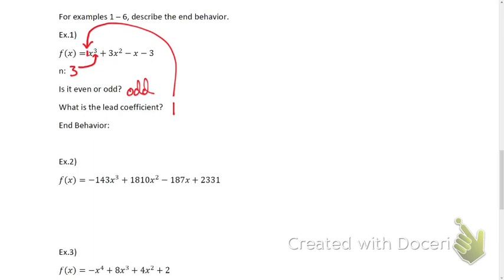So I know on the left side, this thing is going down. And you can look at your table that you made on the front of this paper. If it's odd and it's positive, let me write that down. Left side is going down, right side is going up.